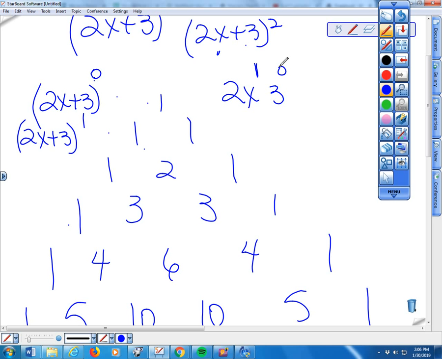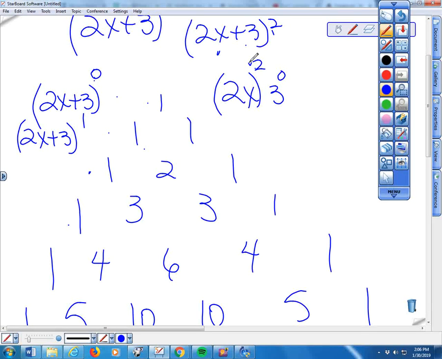No, it's 2x squared, 3 to the 0 for the first term. I start with the highest exponent and assign it to the first term, and the lowest exponent is assigned to the second. I decrease the exponents for the first term as I go right, and increase the exponents for the second. You'll understand what I mean here.